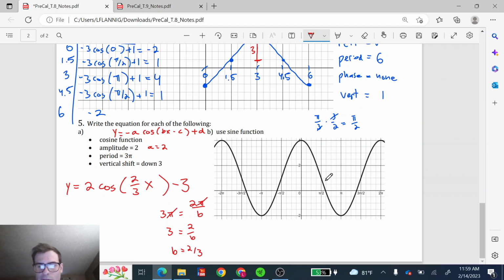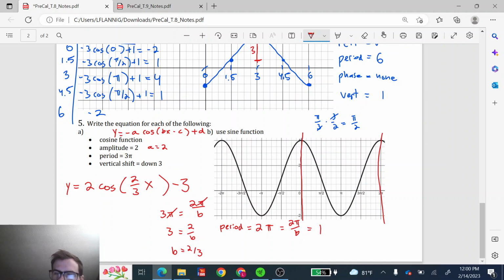All right, so the first thing to look at is the period. So from this position to when it hits that position again, how far is that away? The period is from 0 to 2 pi. So the period is 2 pi, which means that's equal to 2 pi over b, which in that case, b has to be 1.